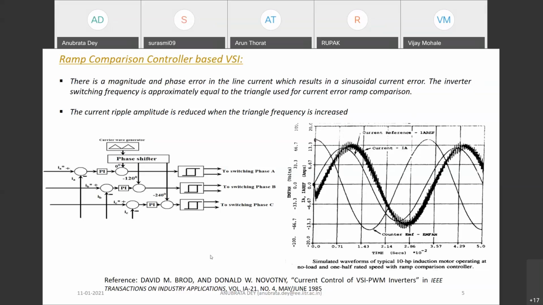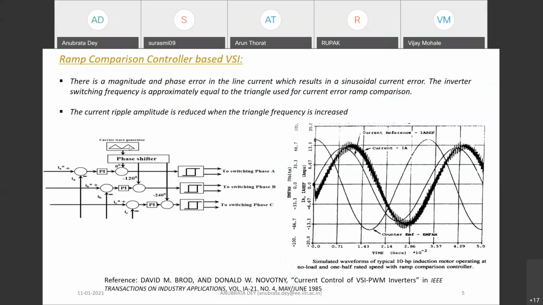Basically that results in a sinusoidal current error, and also current ripples, which are sometimes larger, and it maintains a fundamental delay with respect to the reference current. But this problem can be minimized a little bit if the triangle frequency is increased.